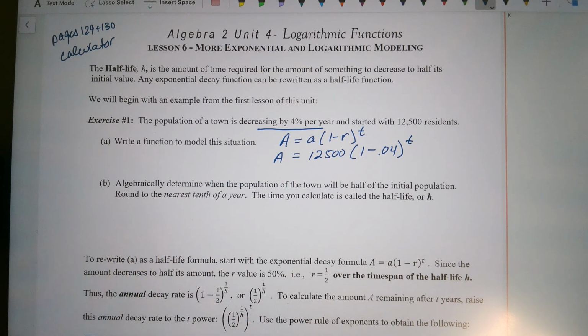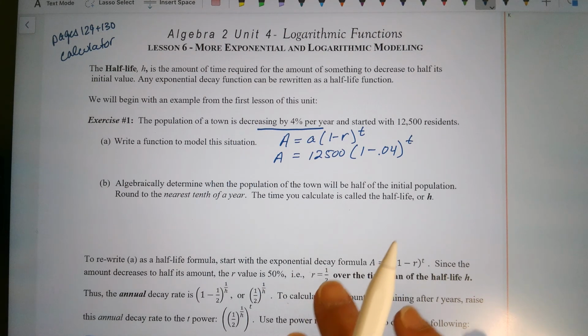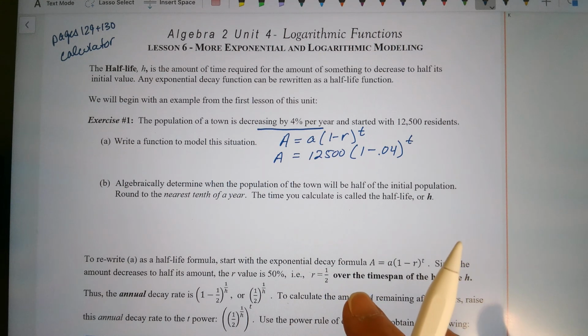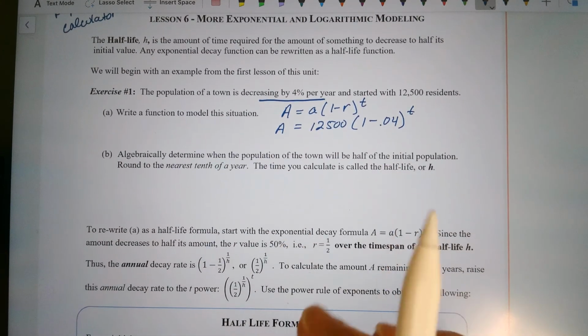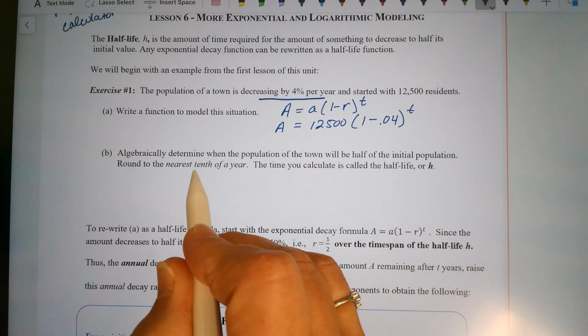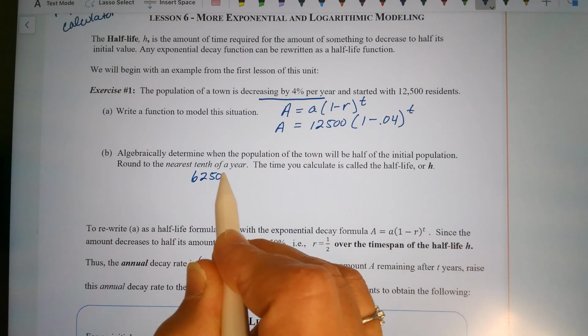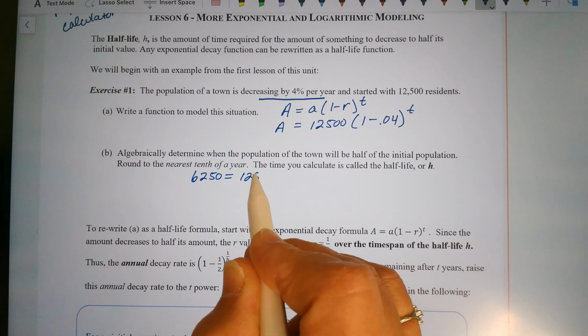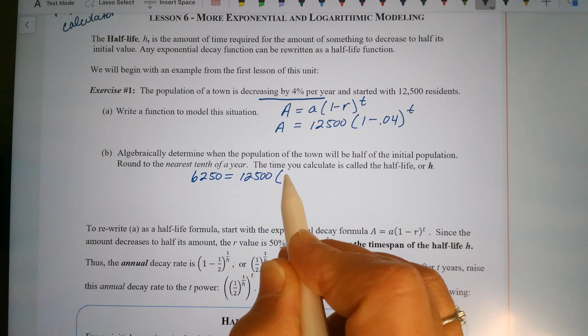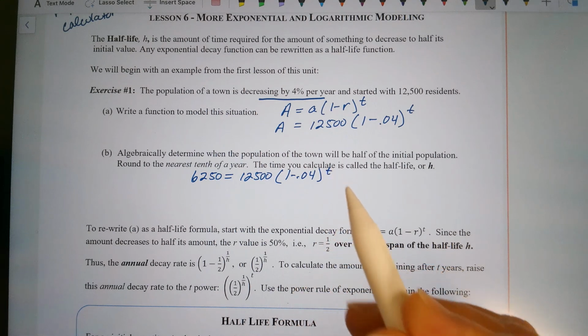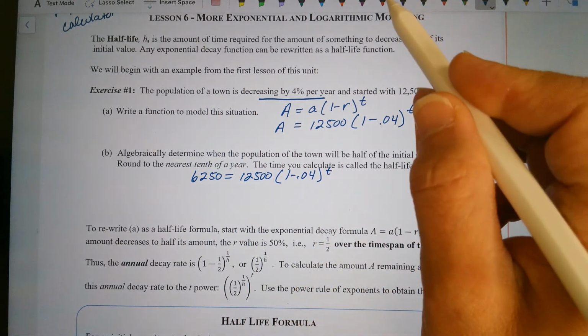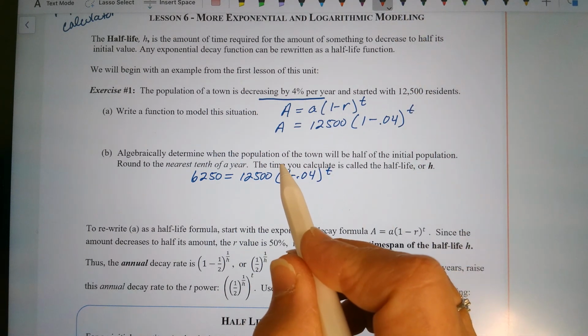Algebraically determine when the population of the town will be half of the initial population. Round to the nearest tenth of a year. Well, half of 12,500 is 6,250. So 6,250 is equal to 12,500 times 1 minus 0.04 to the t. And we are solving for t, which is an exponent.